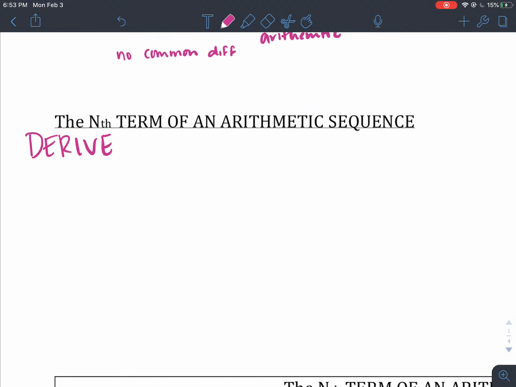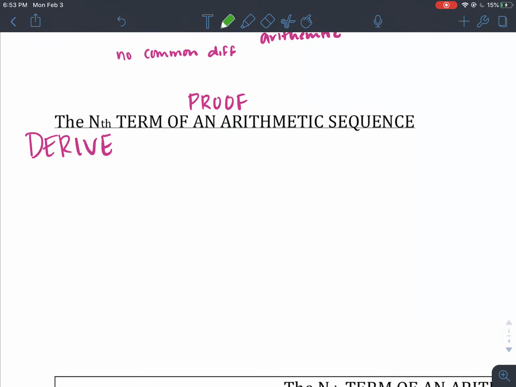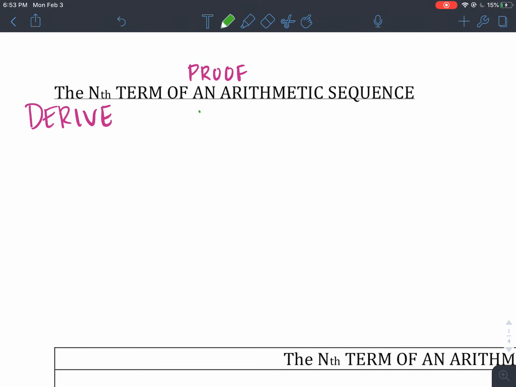So what we're going to do is essentially write a proof of this nth term of an arithmetic sequence. So whenever we do a proof, we always start with a fact, something that we get to use, and we're going to build from there. So our fact that we're going to start off with is the fact that a sub 1 is equal to a sub 1.